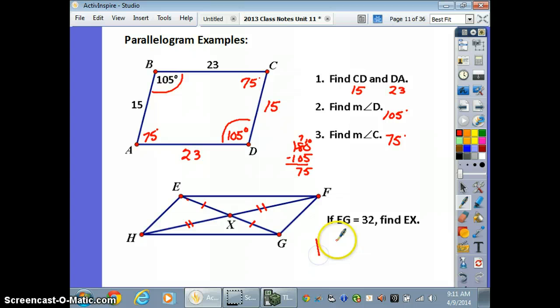Wouldn't it be half of 32? And half of 32 is 16, right? So it's 16. 16 and 16 will give me 32.